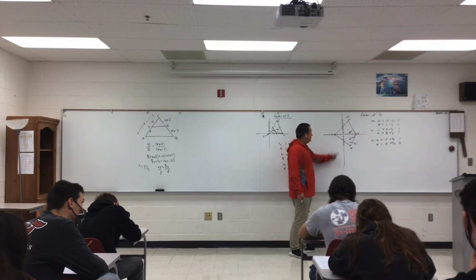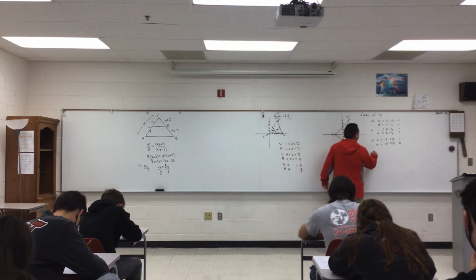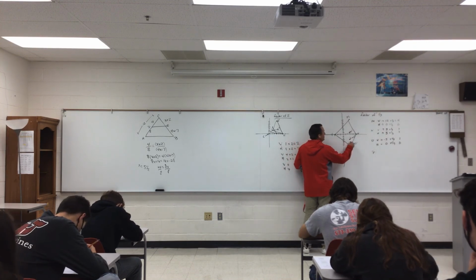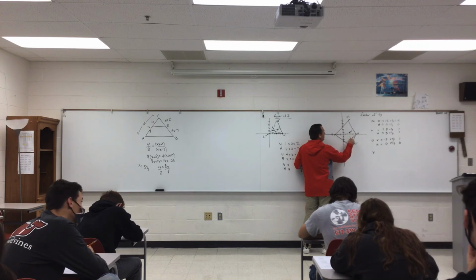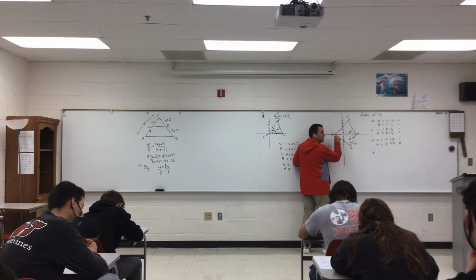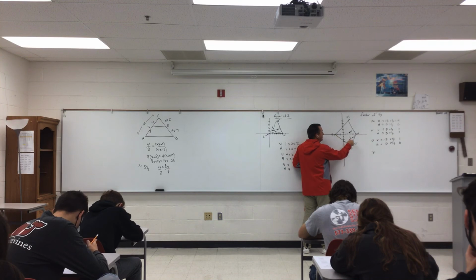And then last but not least, we'll do P. P, I would go up 1, 2, 3, 4. I'm sorry. I would go up 1, 2, 3 over 1, 2, 3, 4, 5, 6. You guys agree when you count that? To get from the center over to P, we would go up 3 over 6.